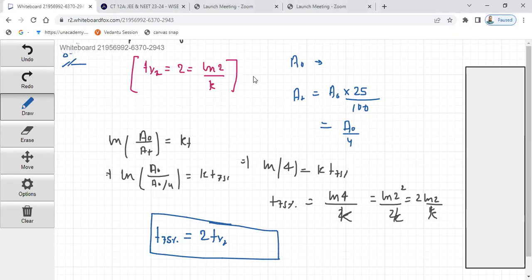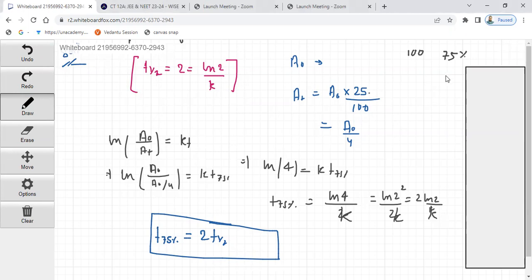Sir, shouldn't it be A naught into 25 by 100? What you are saying is that At is equal to 25% remaining. Suppose you have a total of 100 rupees, and out of 100 rupees you spent 75 rupees on marketing.